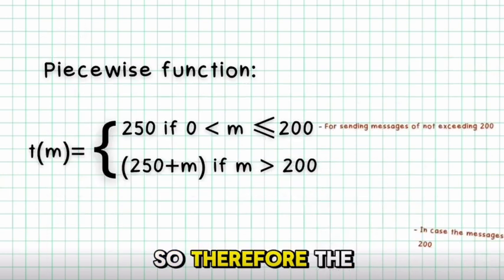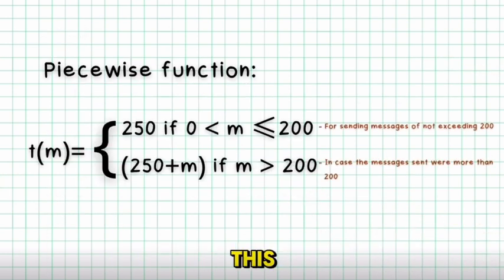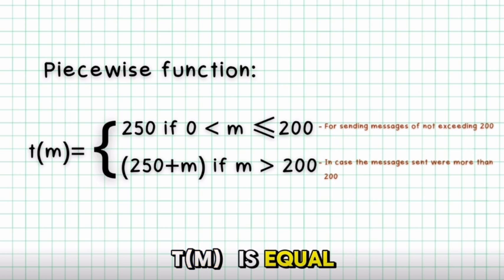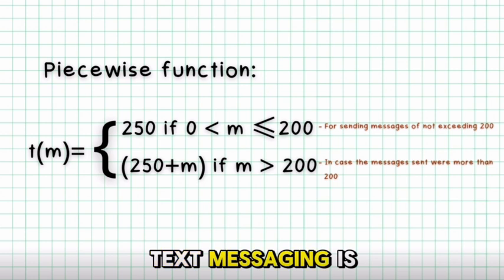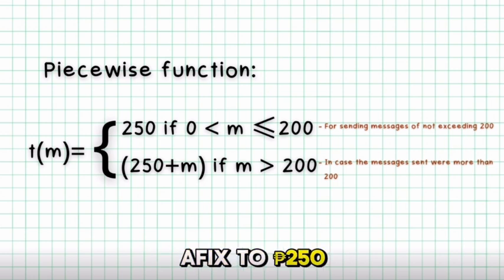So therefore, the piecewise function will be written as this. T of m is equal to 250 if m is greater than 0 and less than or equal to 200. T of m is equal to 250 plus m if m is greater than 200. This means that for the values of m between 0 and 200, the cost of text messaging is a fixed 250 pesos.